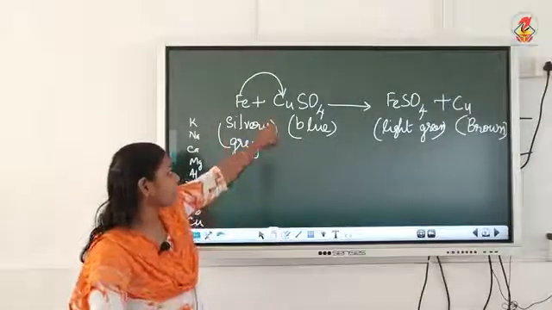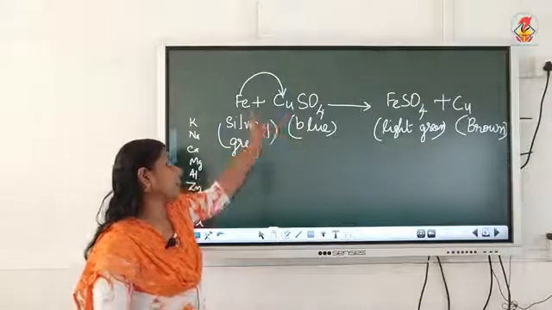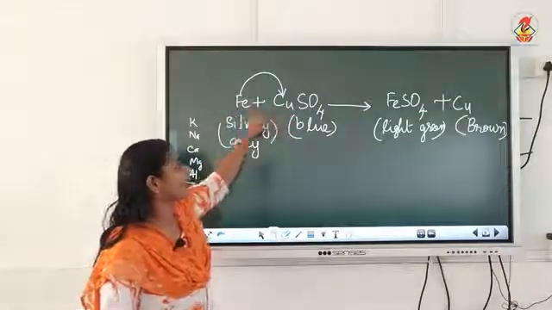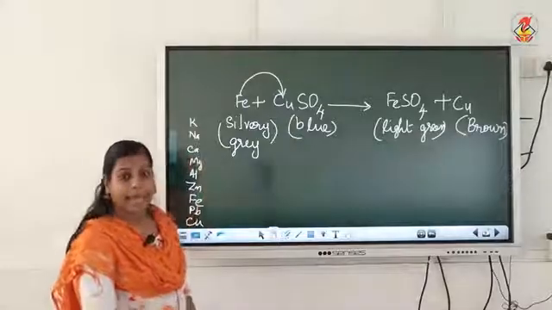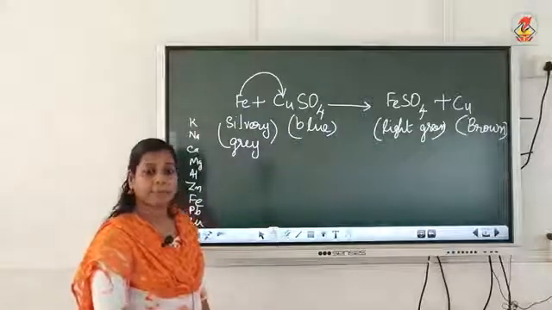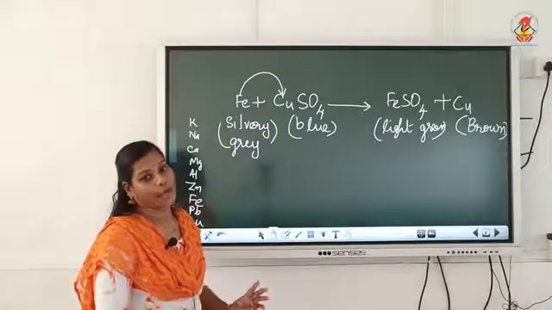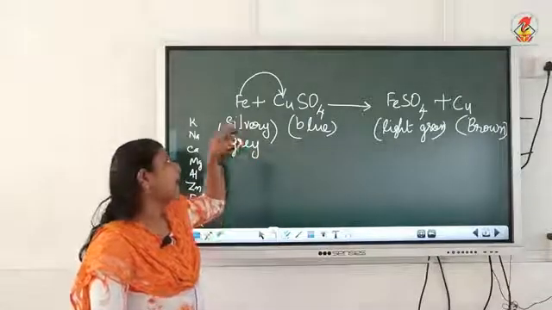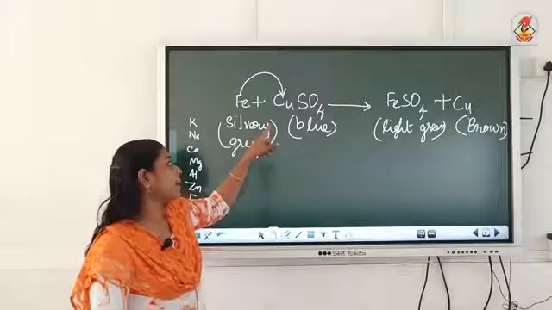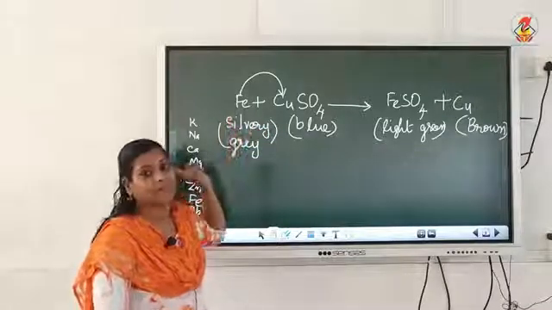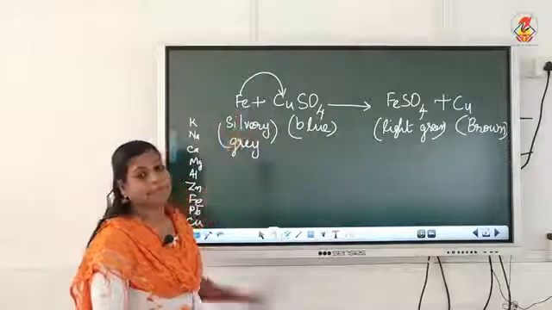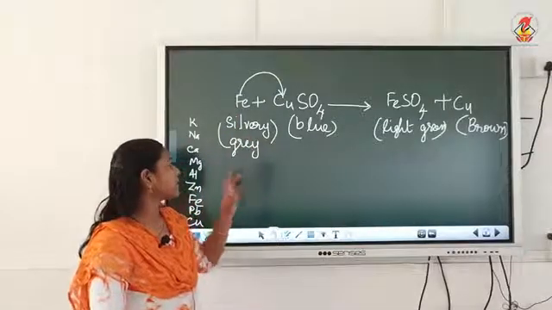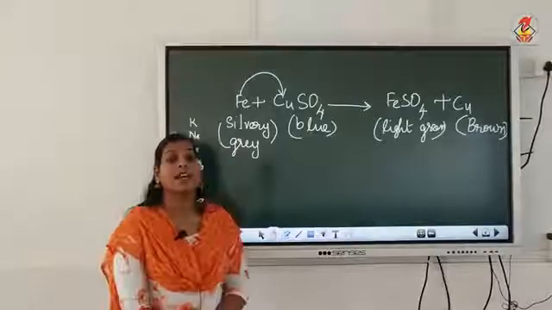Suppose, instead of copper sulphate, iron sulphate is treated with copper, will the reaction take place? No, there is no reaction because copper is less reactive than iron, so the displacement is not possible.